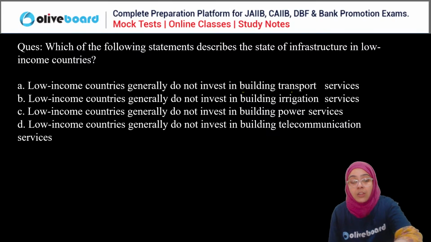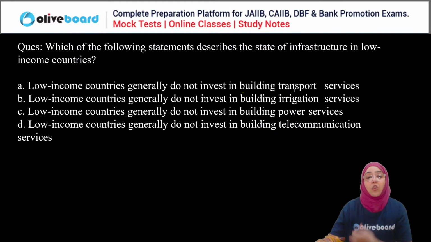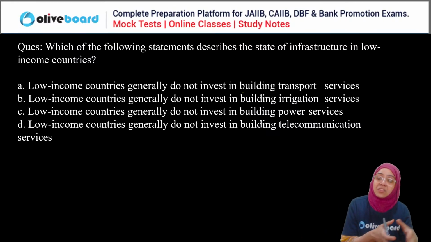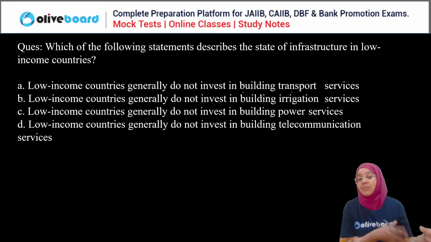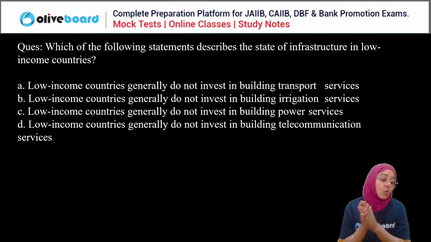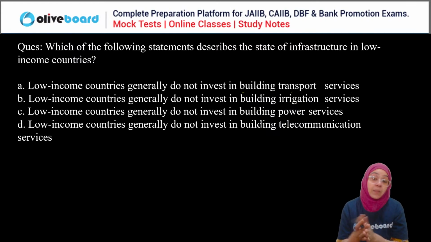Easy question. What do you find most commonly in low income countries? Obviously priorities must be set, especially where income is very limited. So they generally do not invest in which of the following sectors?